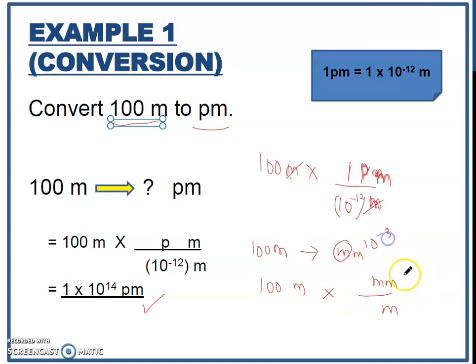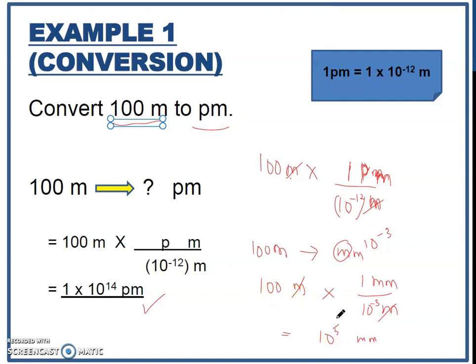Macam mana saya tahu? Saya dah hafal. So, 10 kuasa negatif 3. Letak di bawah. Menggantikan huruf M tu. So, dia jadi sini 10 kuasa negatif 3, sini 10 kuasa 1 lah. Okay. So, ini 1. So, meter ni boleh cancel. So, tekan kalkulator. You dapatlah berapa milimeter. 10 kuasa 5 saja.